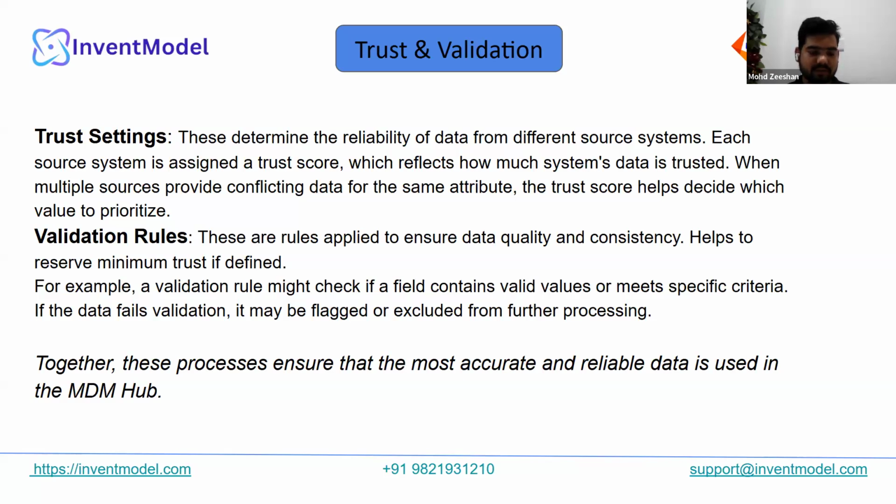So if the record does not fulfill our validation, it will be excluded. That is the basic meaning of trust and validation. Together, these processes ensure that the most accurate and reliable data is used in the MDM hub. So for the correct and golden record, we have to use both settings, trust and validation rules.